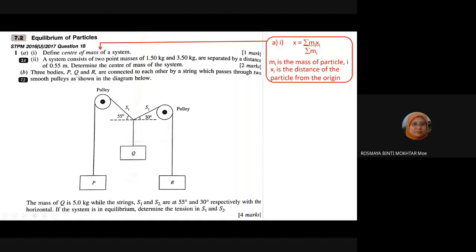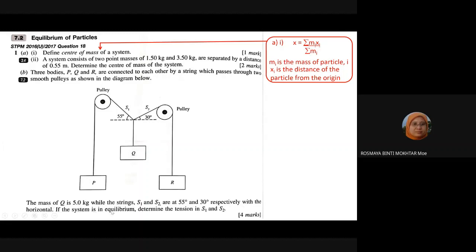Okay, then 1b. Three bodies P, Q, and R are connected to each other by a string which passes through two smooth pulleys as shown in the diagram below. Smooth pulley means no friction here. The mass of Q is 5 kilogram, and the strings S1 and S2 are at 55 degrees and 30 degrees respectively with the horizontal.